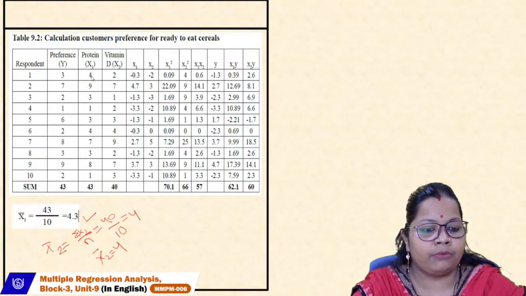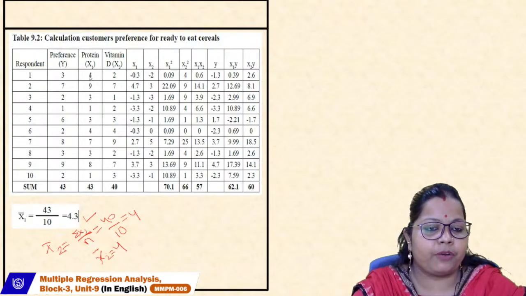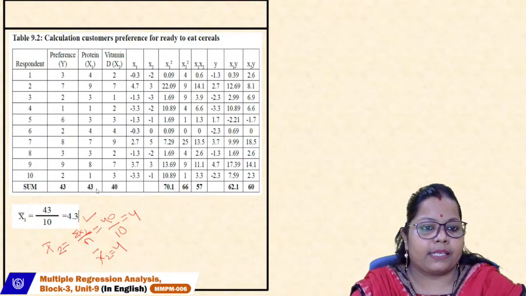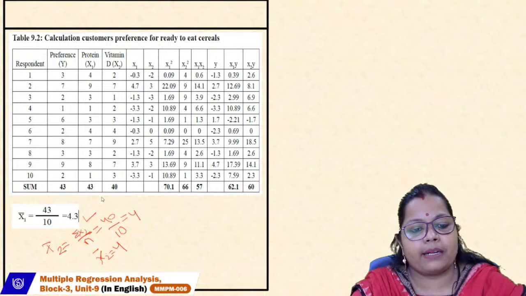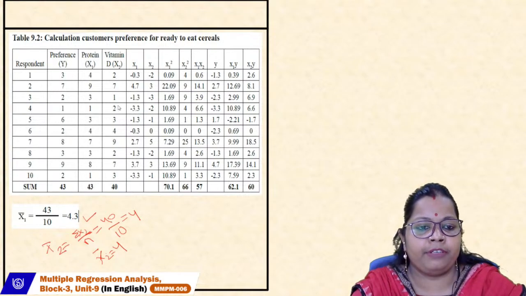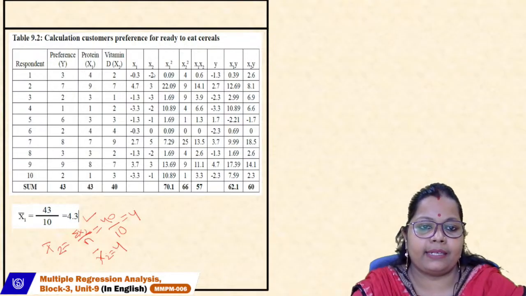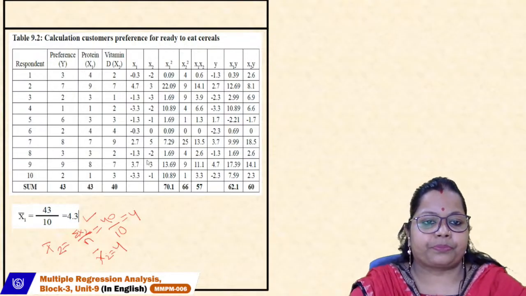How did I calculate it? 4 minus 4.3, so it is minus 0.3. 9 minus 4.3 becomes 4.7. In that way I have subtracted the respective x bar from each value of x, and cited it in the small x1 column. The same way in x2, I subtracted the x bar value, that is 4, from each individual value of x2, and cited it under small x2.